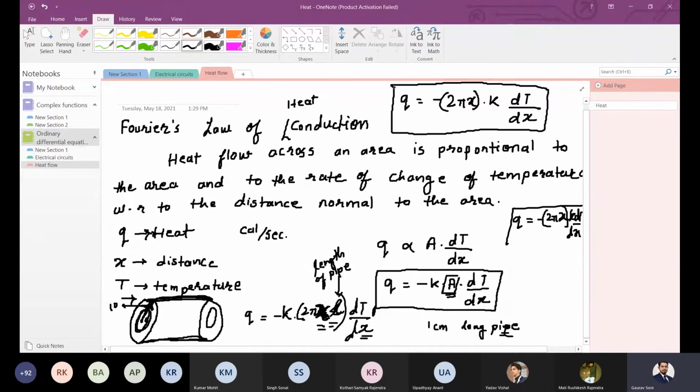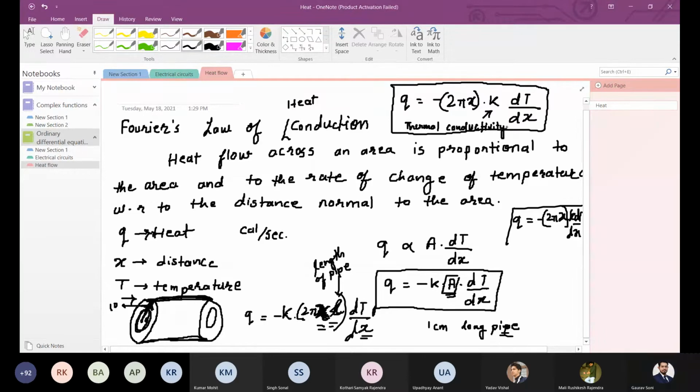Whenever I want to find the heat flow through a pipe which is carrying some steam, K represents the thermal conductivity of the covering of that pipe.